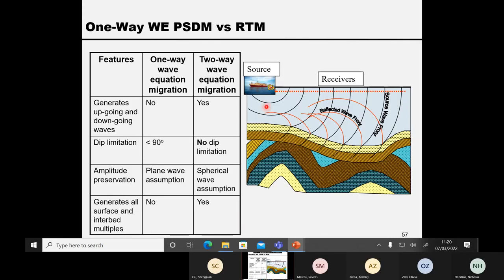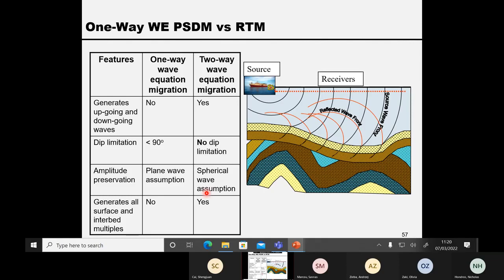Okay, so the wave propagates downwards from the surface, shown in the black curves, the wave front. For the two-way equation, you also have the wave reflection back, in the red curves here, right? And the reflection wave front is related to the amplitude.